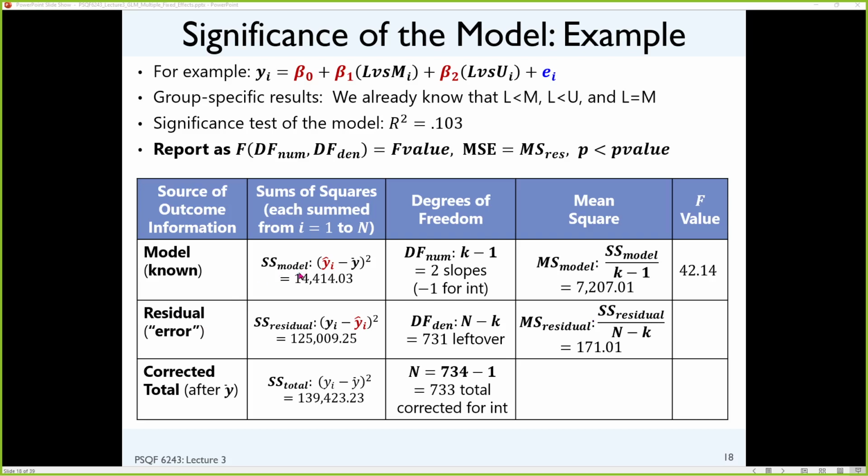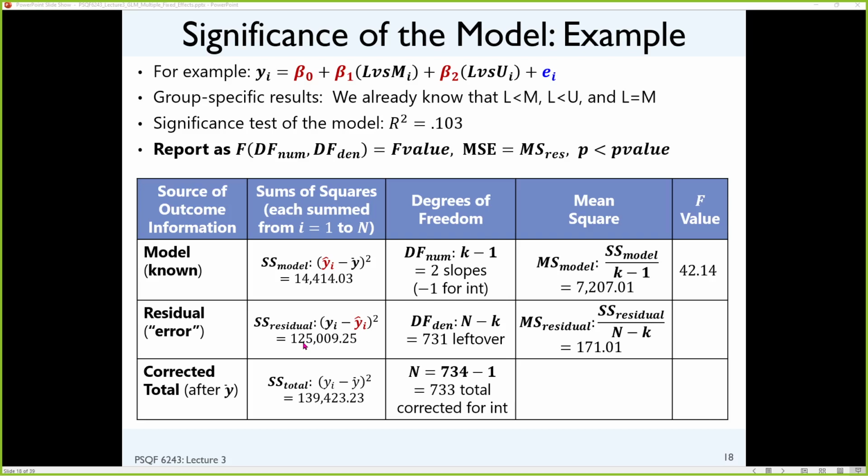So sums of squares for the model, information captured by our predictors, degrees of freedom numerator, how many slopes did it take to capture that information? Divide sums of squares by degrees of freedom for the numerator, that's mean square model. So this is kind of like variance explained, but it's per slope. So I like to think of it as information captured per slope.